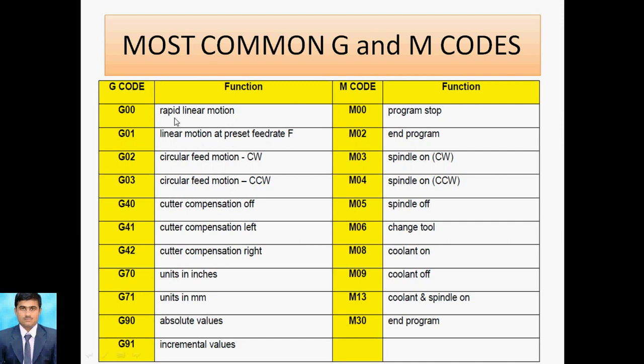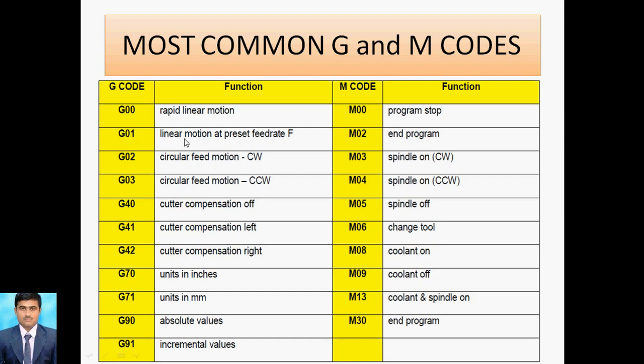G00 you can use when the tool is not in contact with the workpiece. For G01, the linear motion is at a preset feed rate F, which means when the job is in contact with the tool, at that time we can give the feed rate, and the code is G01.